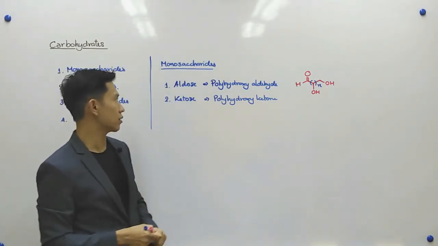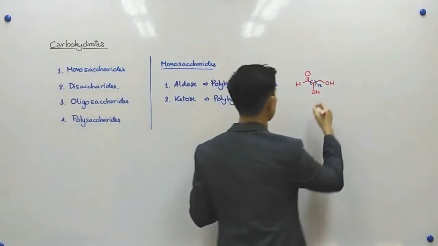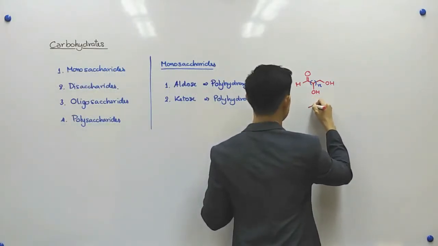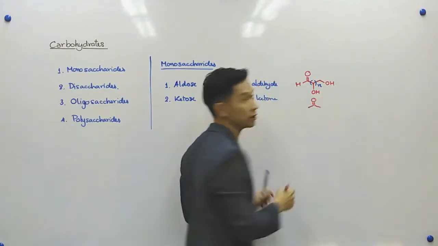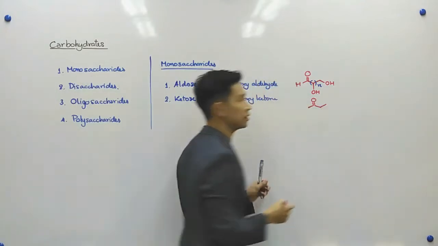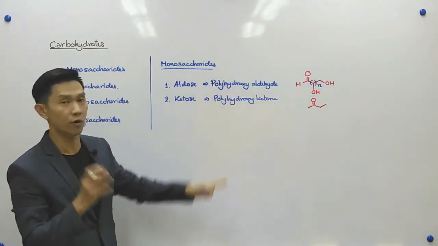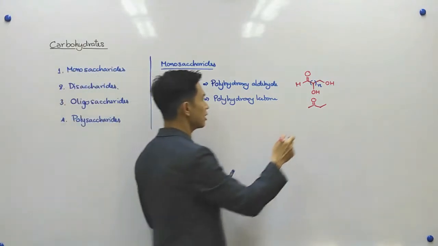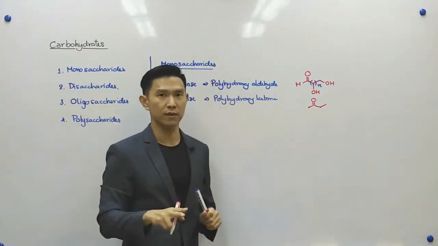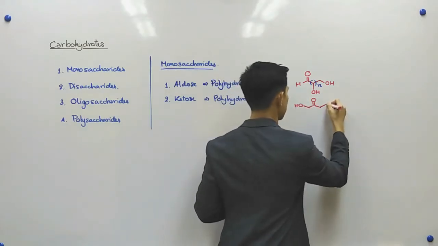Then we have ketone, or polyhydroxyketone. The polyhydroxyketone means we're starting from the ketone, the carbonyl group, and we have several carbons in the molecule like this. For example, this is a tetrose sugar, where we have 4 carbon atoms in the molecule. So we have the second carbon with the carbonyl group, and the other carbon atoms contain OH.